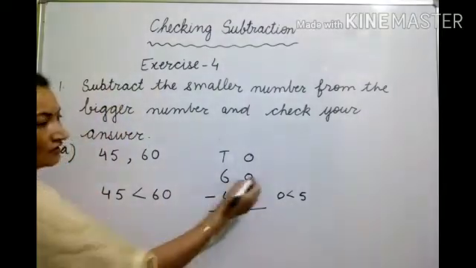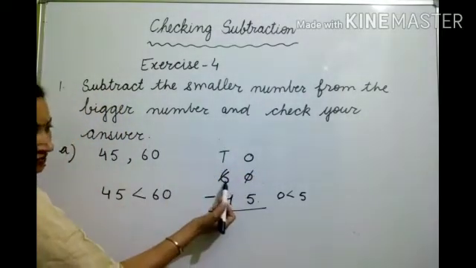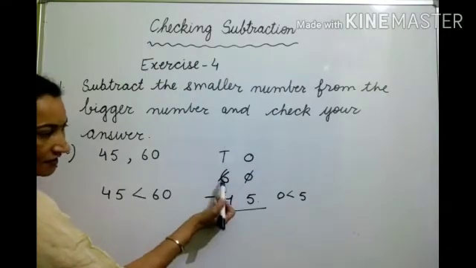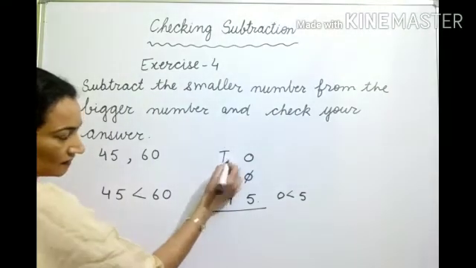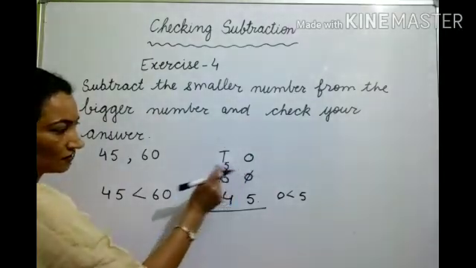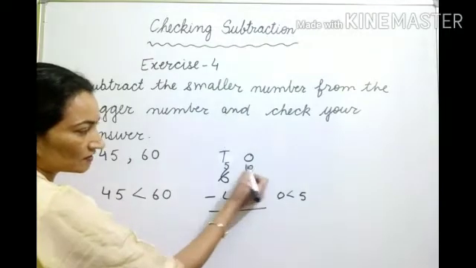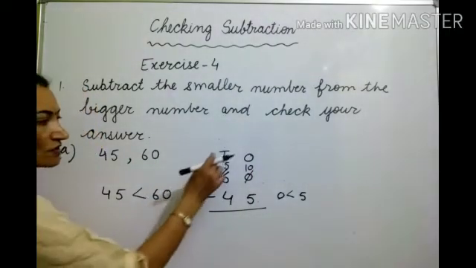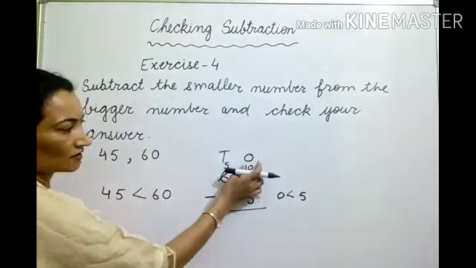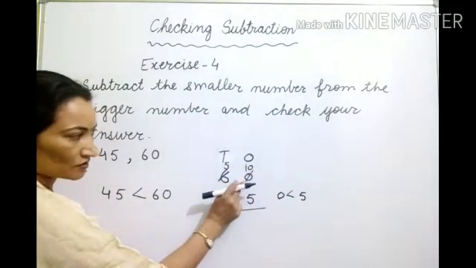We take a borrow. 0 will go to its neighbor, to tens. It will take a carry. After it gives, here 5 is left and here becomes 10. Because 1 ten is coming, it will turn into ones, and then here will be 10 ones.